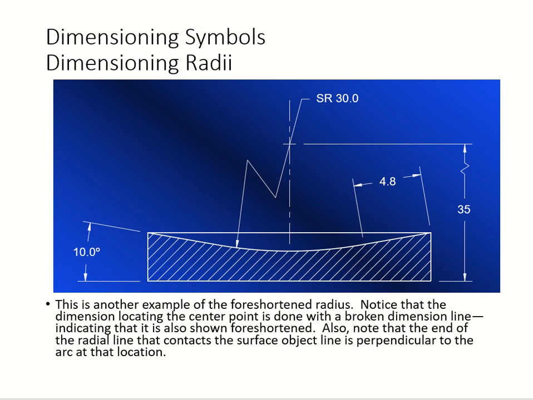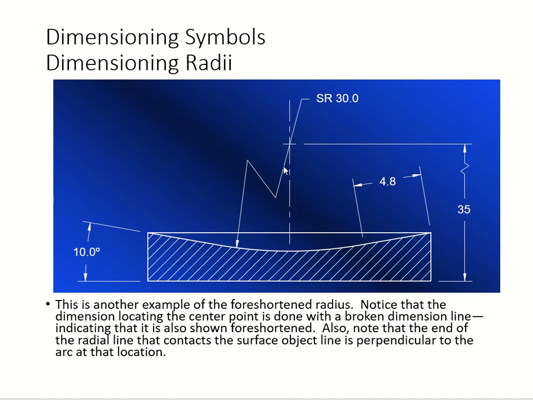Here you have two foreshortened radius, see? Right here. That's your one foreshortened, showing you the spherical radius, and the other one is also here. You can see the broken line right there. This is the center point.